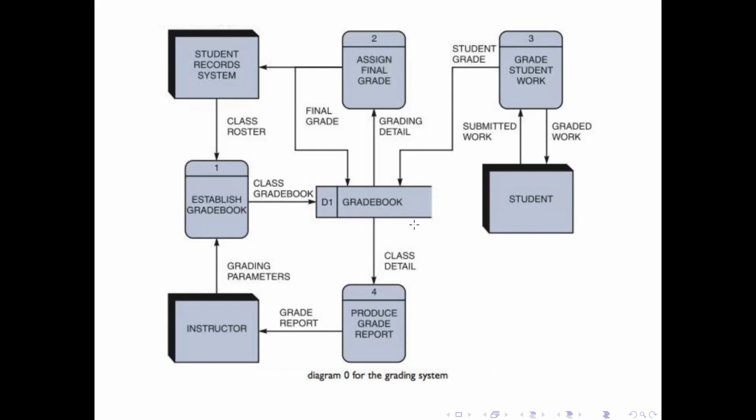And the line indicates where the data flows. Now, for example, in the establish grade book process, there are a couple of places you get the inputs. You get the class roster, meaning the number of students, right, from the student record system. And the instructor will tell how to grade, right? Once you do this, you are going to save the outcome in the gradebook data store.